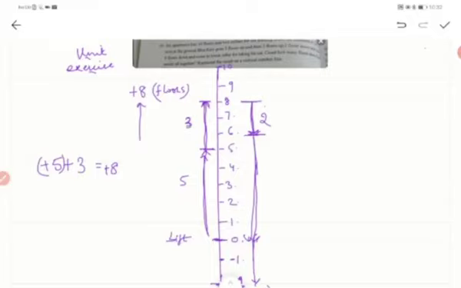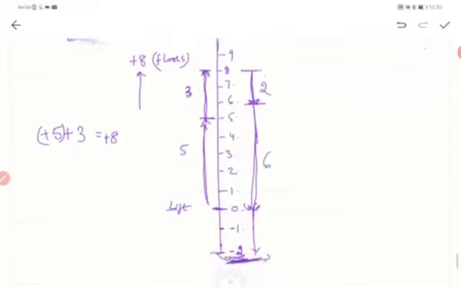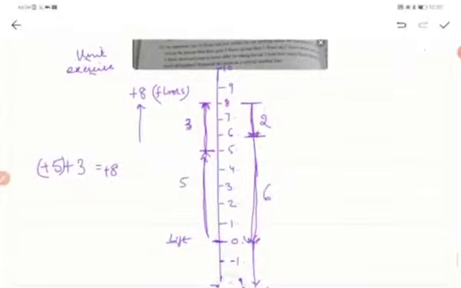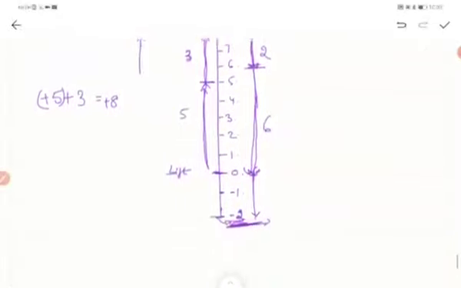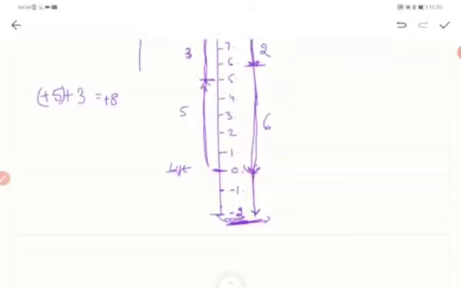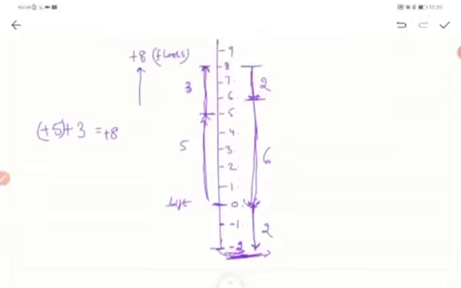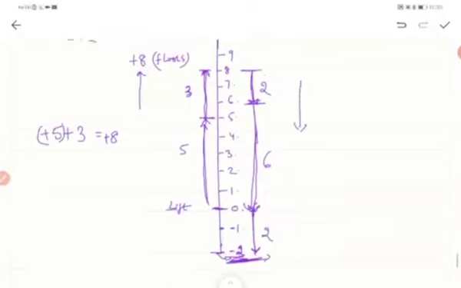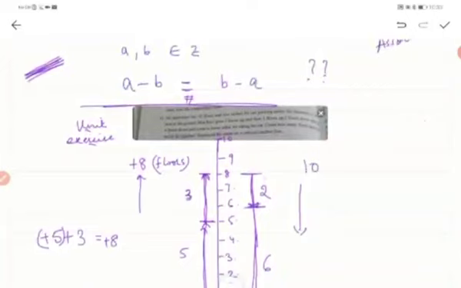From the ground floor there was no lift, maybe, so he went to the lower cellar parking. So altogether how many floors did he come down? 6, 7, 8, 9, 10. Since it is representing downwards, I will take this as minus 10.